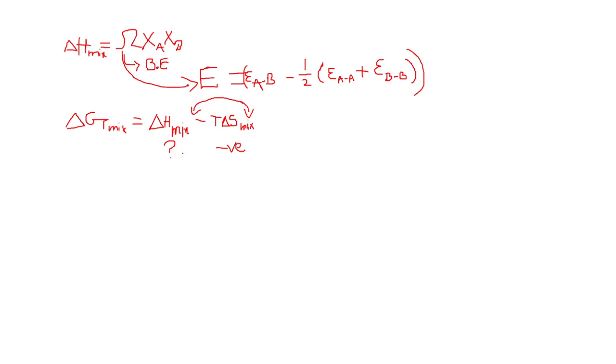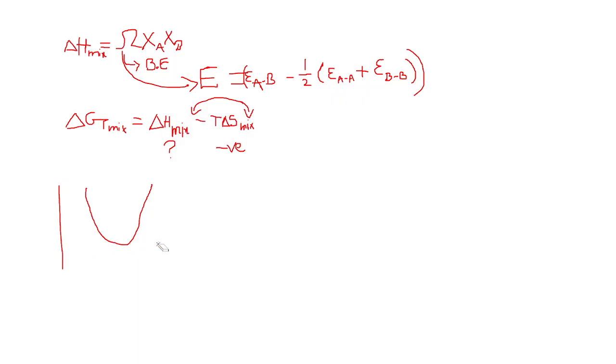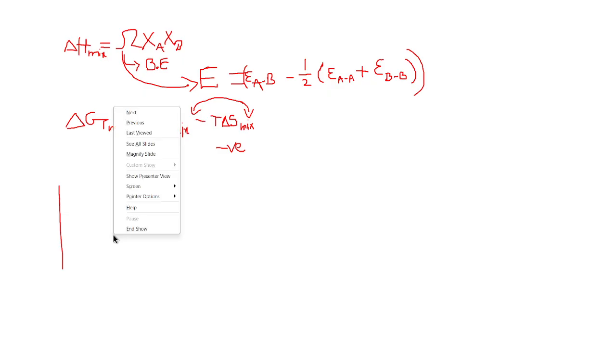Because the ln XA and ln XB terms are negative, the whole term will be negative. So we will form a solid solution like this. We will form a free energy versus composition curve like this, right? Let me draw it.